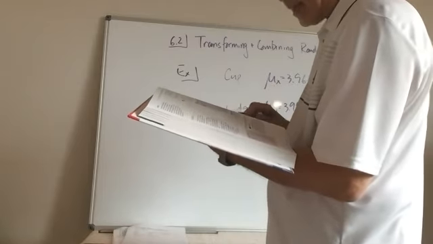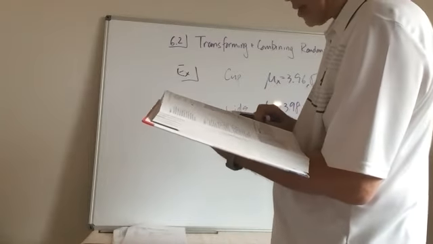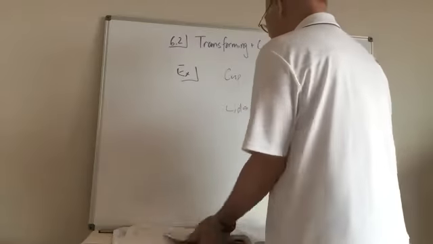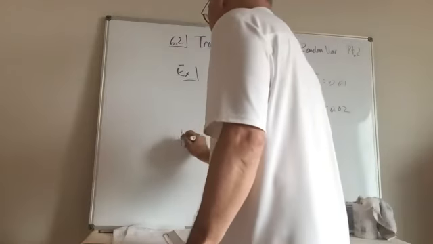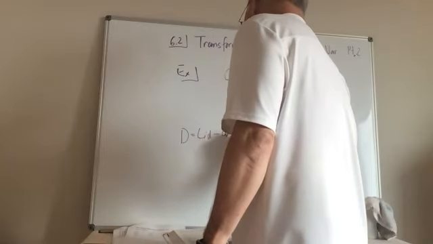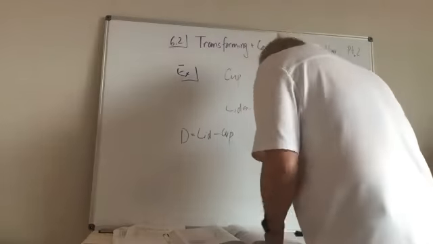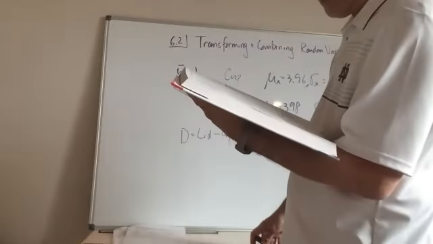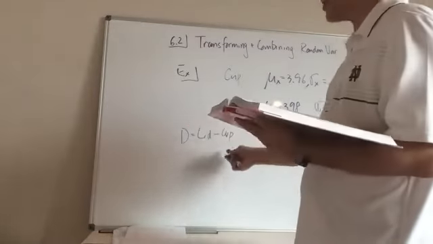Assume that L and C are independent random variables. Let the random variable D equal L minus C. So D is lid minus cup. Why are we worried about that? What happens if the lid minus cup is negative?